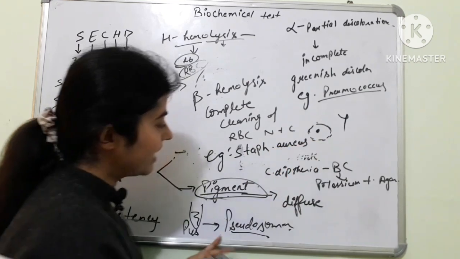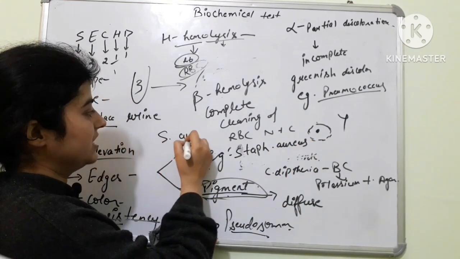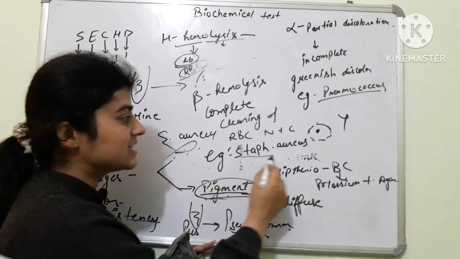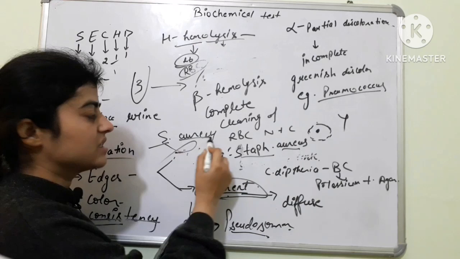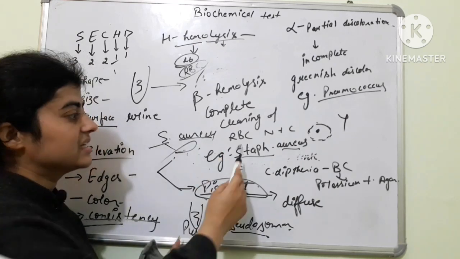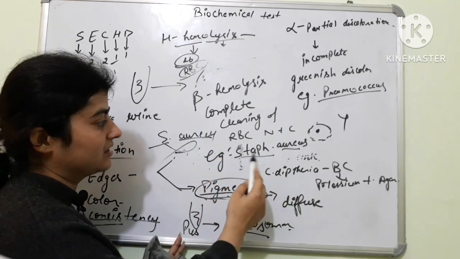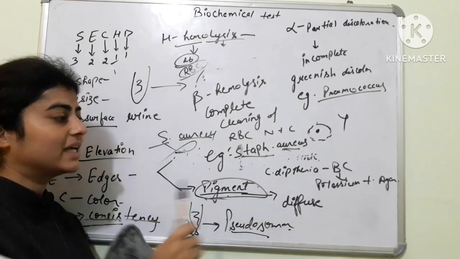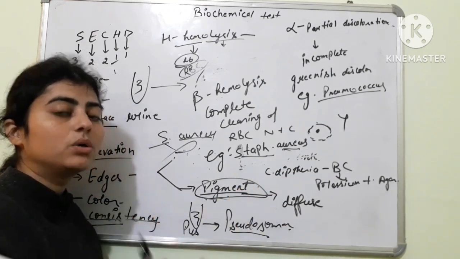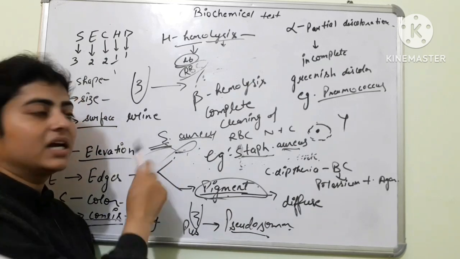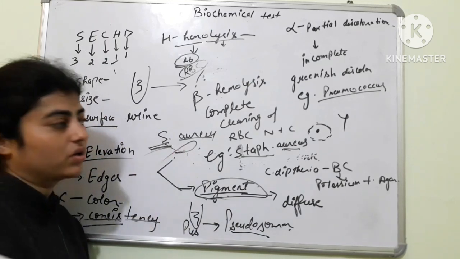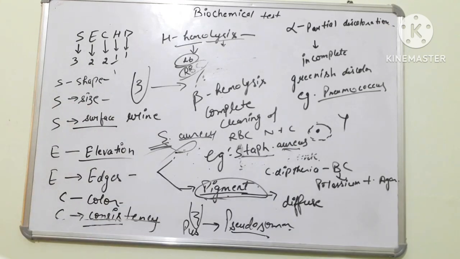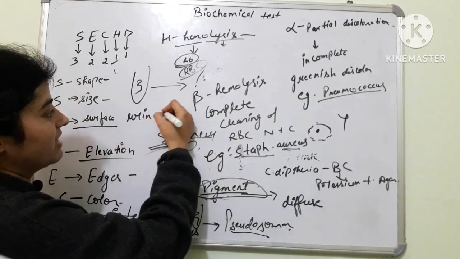Some students write it as S. aureus. This is not correct. Never write Staph aureus as S. aureus. If you want to write Staphylococcus in short, you can write Staph, but don't write only S. It doesn't mean anything. In a similar way, some students write E. coli.